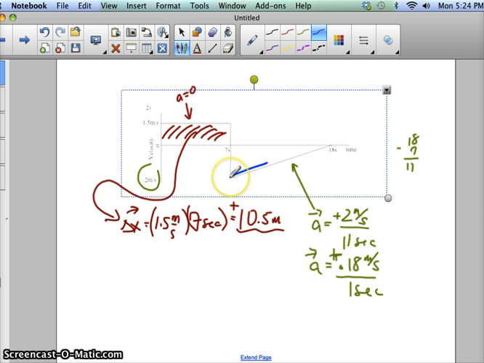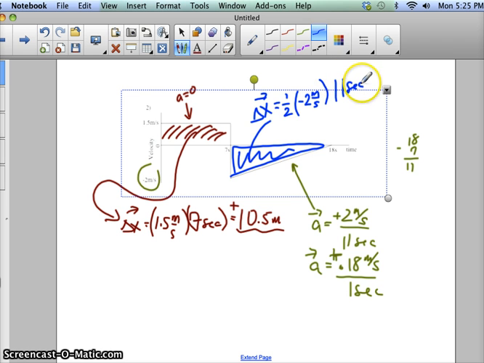Finally, let's find this area here. So that's going to be a displacement since this is a velocity time graph. And it's a triangle, so it's going to be 1/2 times negative 2 meters per second times 11 seconds. Okay, let's see what that's going to be.